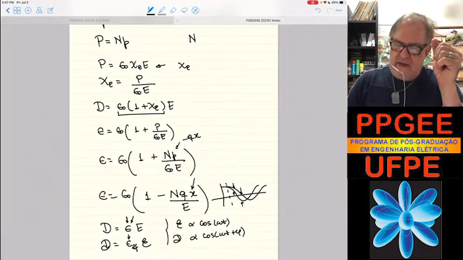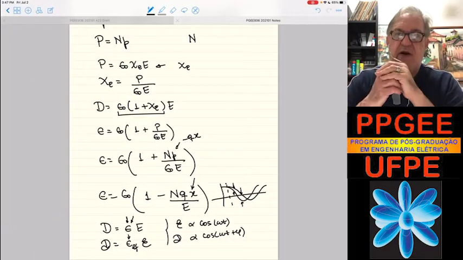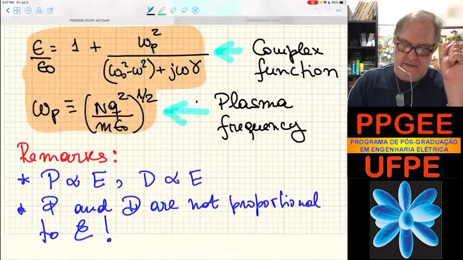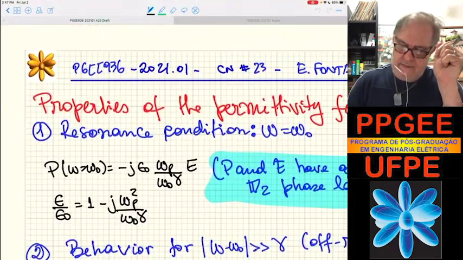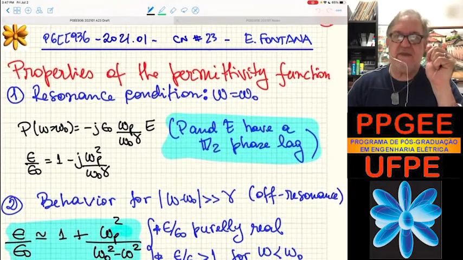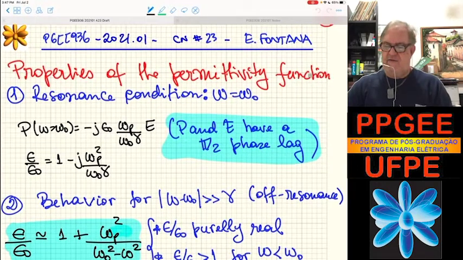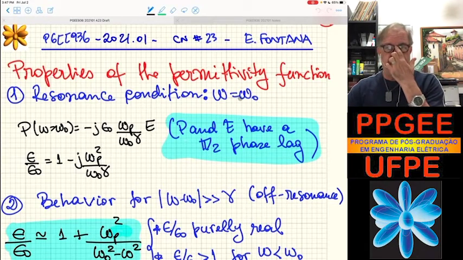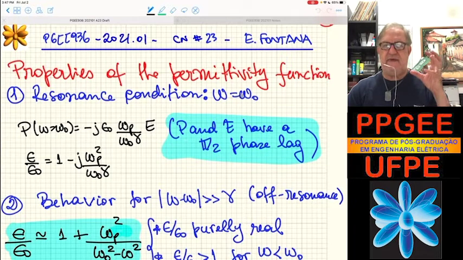Some remarks on the permittivity function, which is our main focus here. First is what we call the resonance condition. When the applied frequency matches the resonance frequency of the system, you see that according to our model, the resonance frequency is something intrinsic to the system. We can determine that.